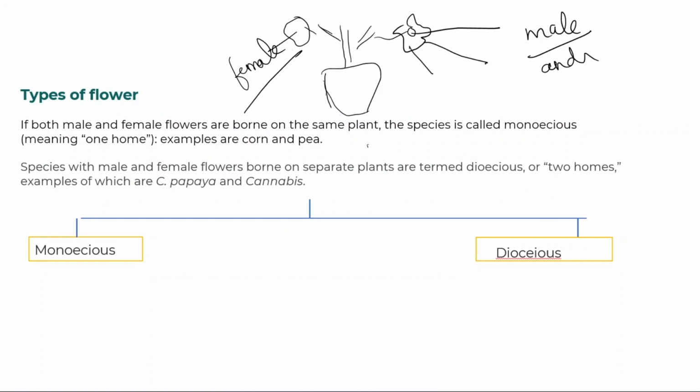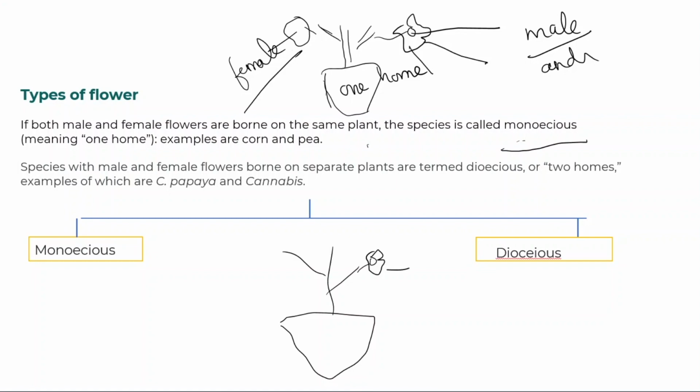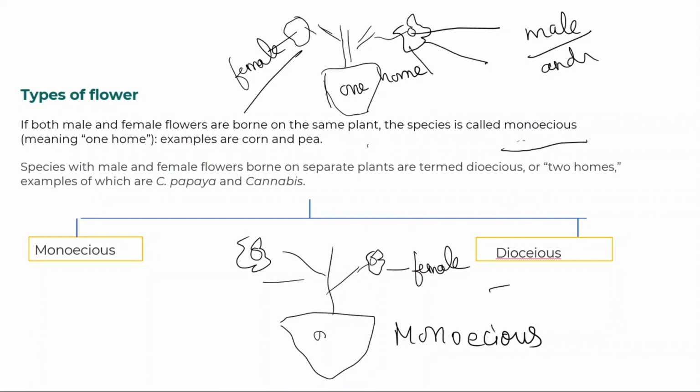So this plant is known as monoecious, meaning one home. Remember that if a plant has both types of flowers, some having female organs and some having male organs, then this whole plant is known as a monoecious plant, having one home for both male and female.